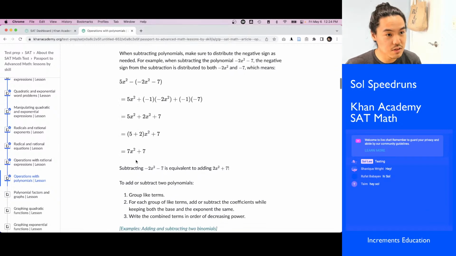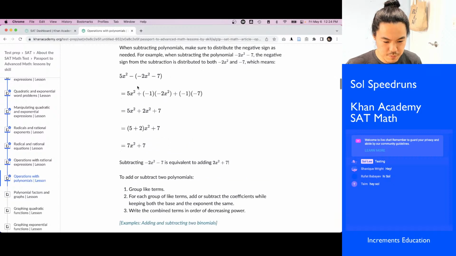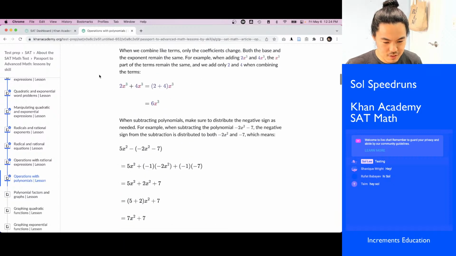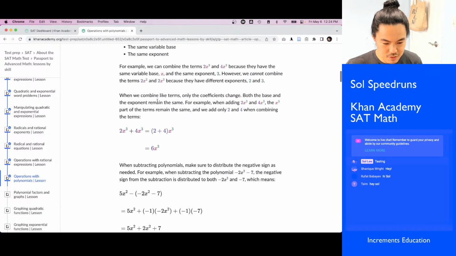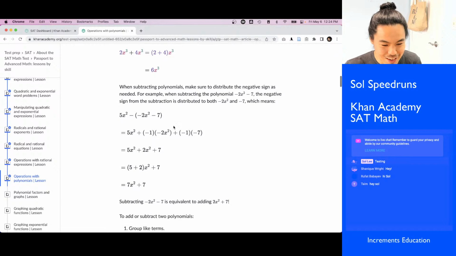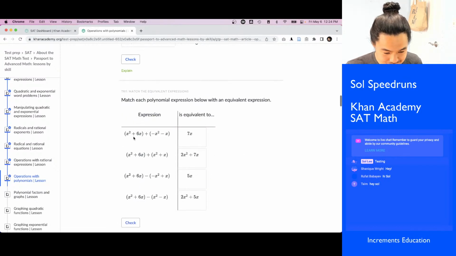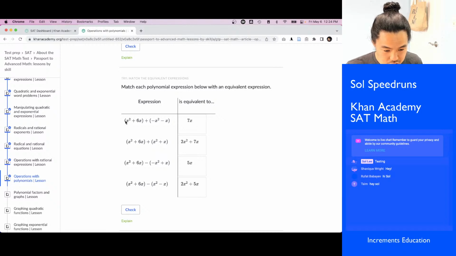What's the difference now? Wait, what's the difference? Hang on, what? How does this work?